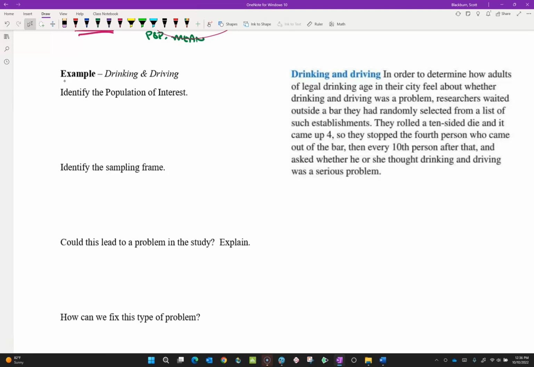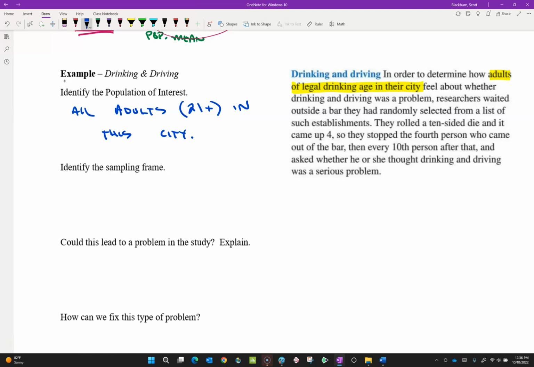So identify the population of interest. In order to determine how adults of legal drinking age in their city feel, so all adults 21 plus in this city. Identify the sampling frame. The population of interest is who you're interested in.